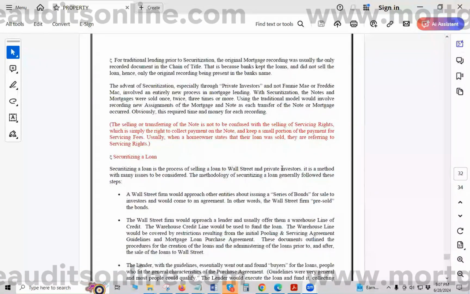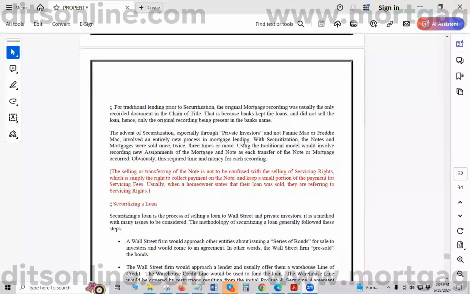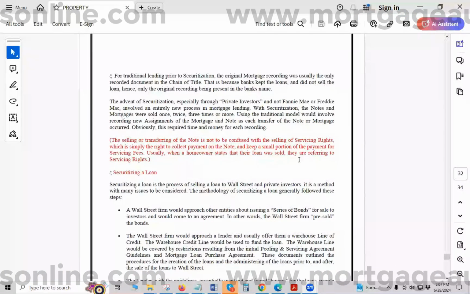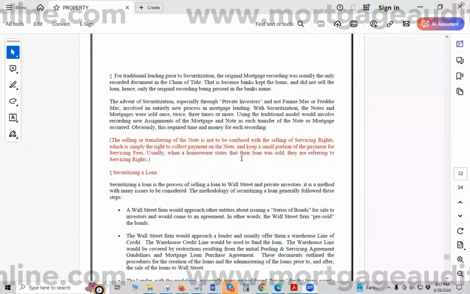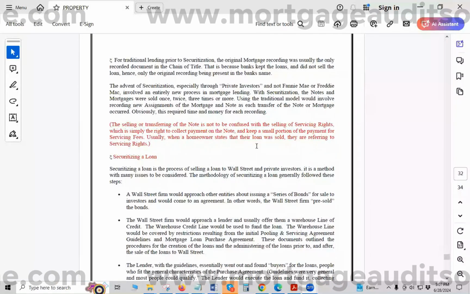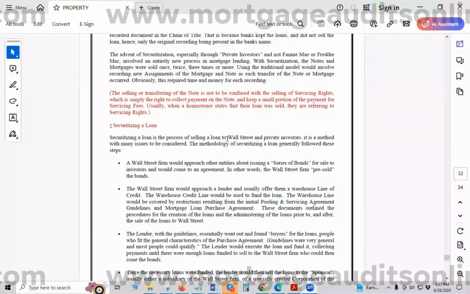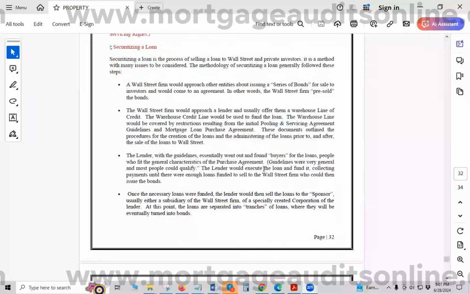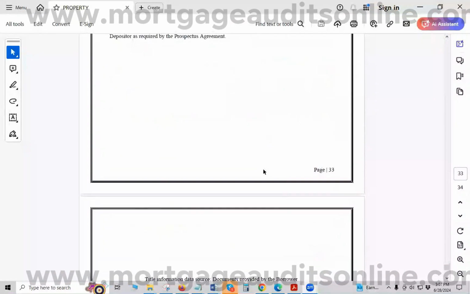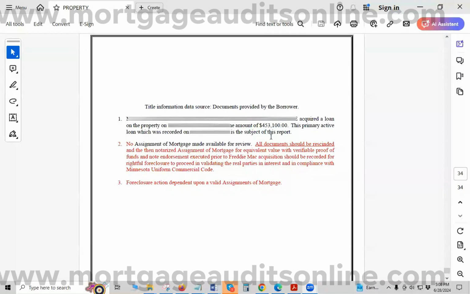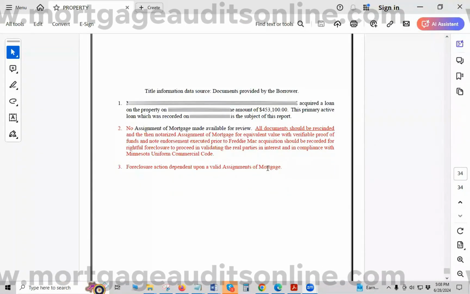Basically, he has more excerpts in here that help with the particular situation, and more analysis here. This relates to the securitization and the pooling and things of that nature. And then he gives you a summary at the end here.